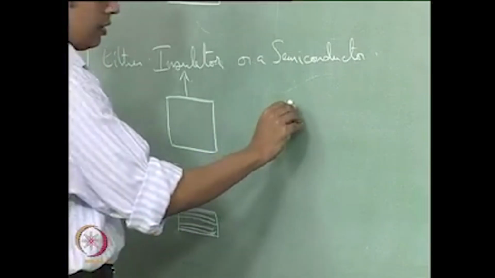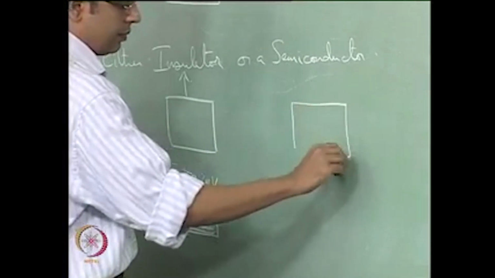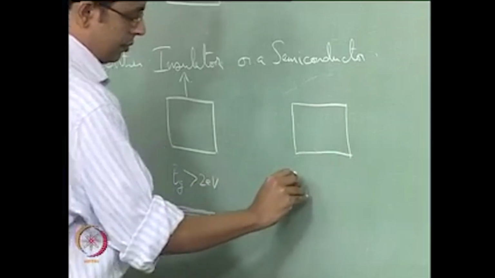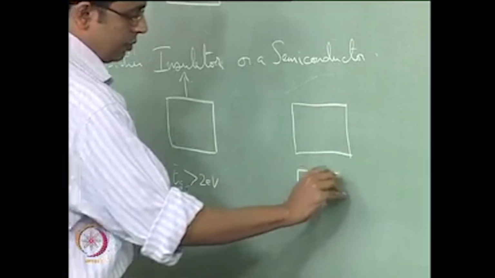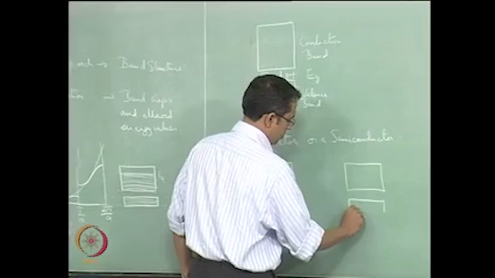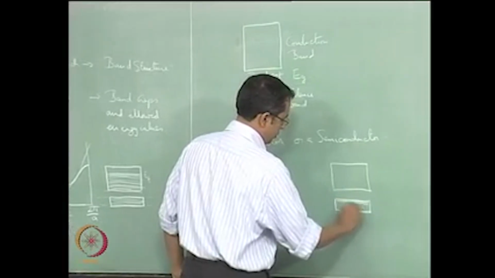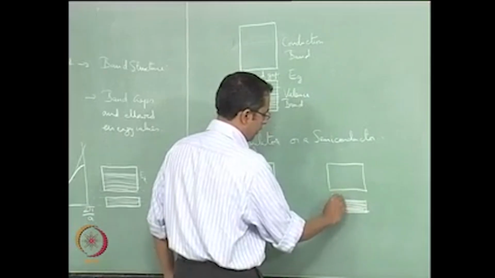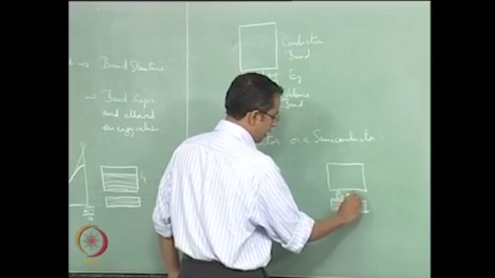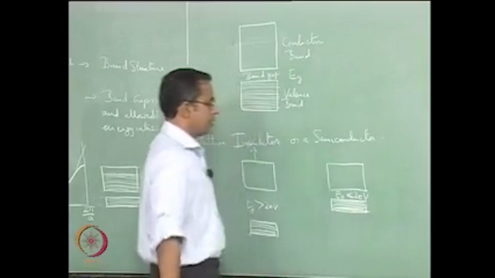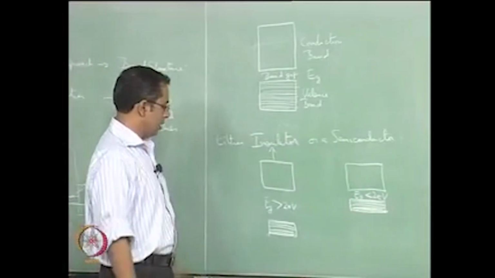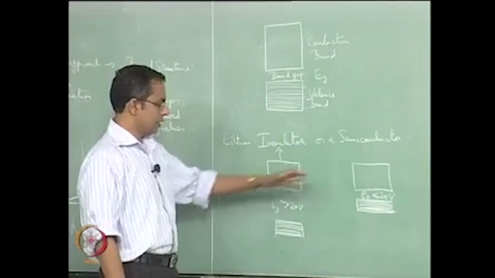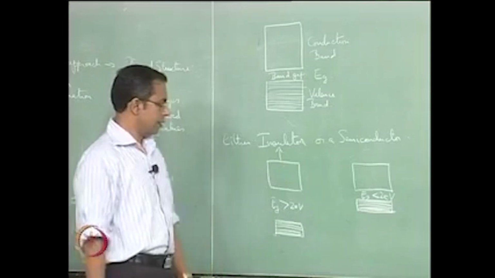If on the other hand, these are all filled states, and Eg is less than 2 electron volts, this is called a semiconductor. Okay, so greater than 2 electron volts is an insulator, less than 2 electron volts is a semiconductor.